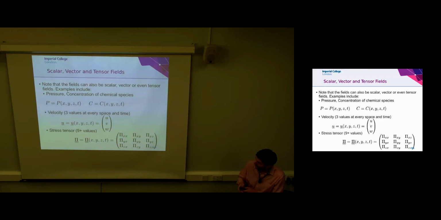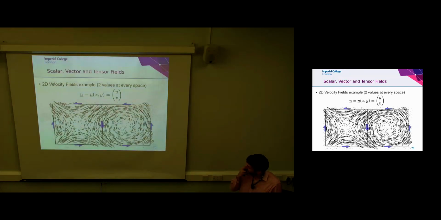Effectively at each point in the field, x, y, z, and t, you have a 3-component vector. And then when you start talking about stresses, which we probably won't come to in too much detail, you start to have 9 components. So just be aware that there are scalar fields, and then you start to talk about more complicated vector and stress fields where each point in space has more than one value.